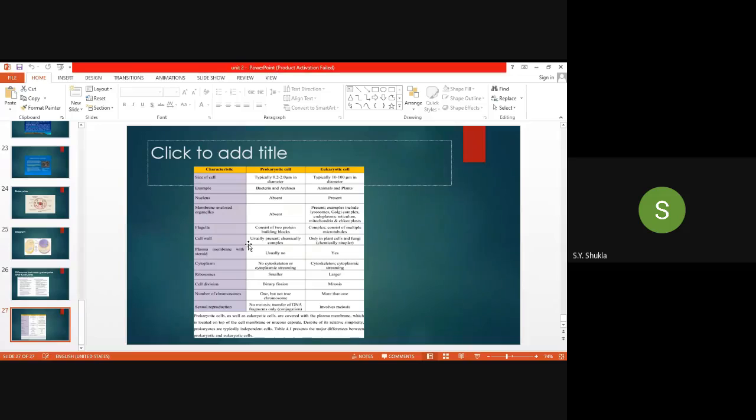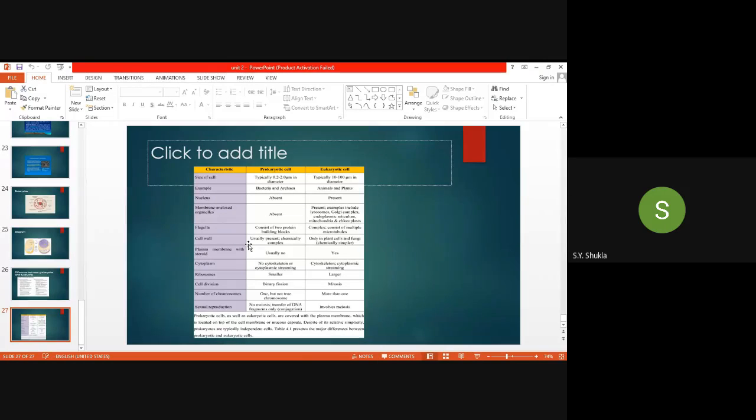Okay, and then lastly the sexual reproduction. In the prokaryotes, no meiosis takes place, and transfer of DNA fragments happens only in the form of conjugation. What happens actually?